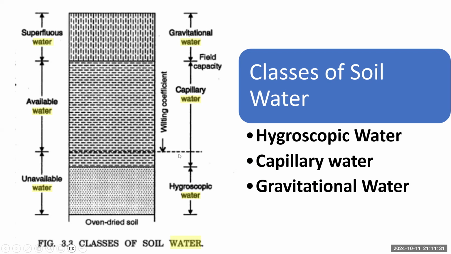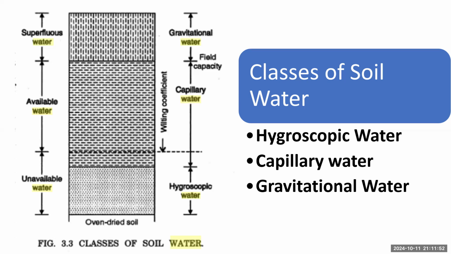Okay, then it will reach the wilting coefficient. This dotted line is called the wilting coefficient or permanent wilting point. If the moisture content reduces below this level, then permanent wilting is possible.